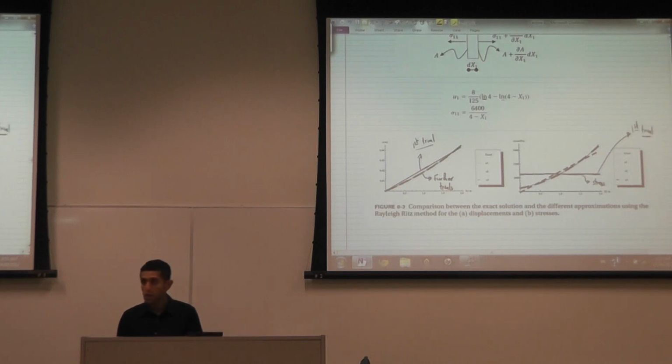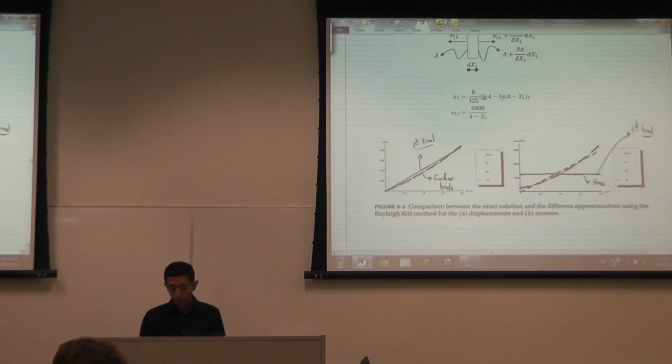So this is the first trial. And what you can see, which is important, is that the first trial produces a displacement that's not so far from the exact, but the stress is really far from the exact. So the derivatives of the solution are further apart than the actual. So I'm looking for u.